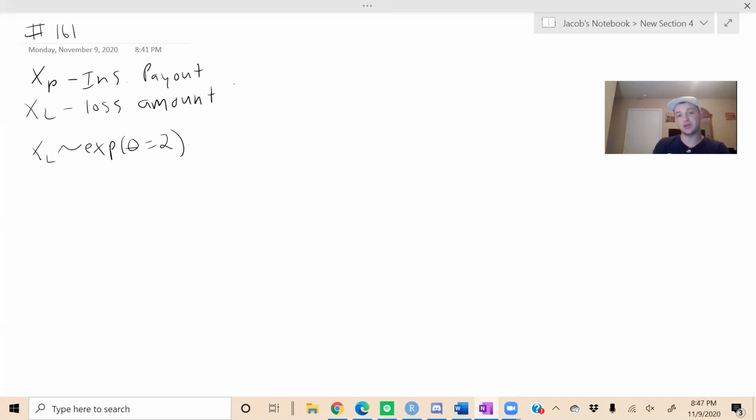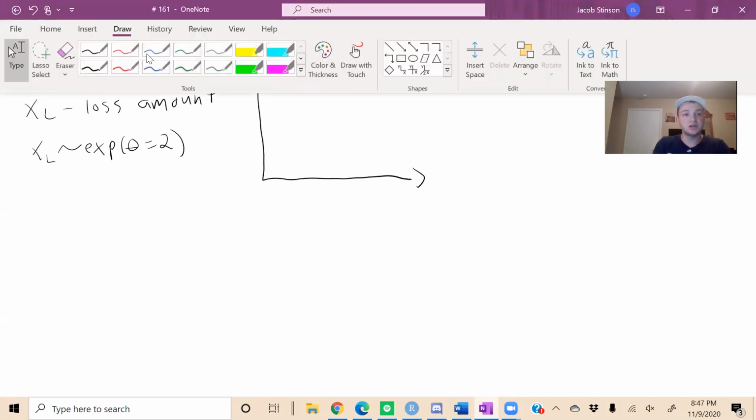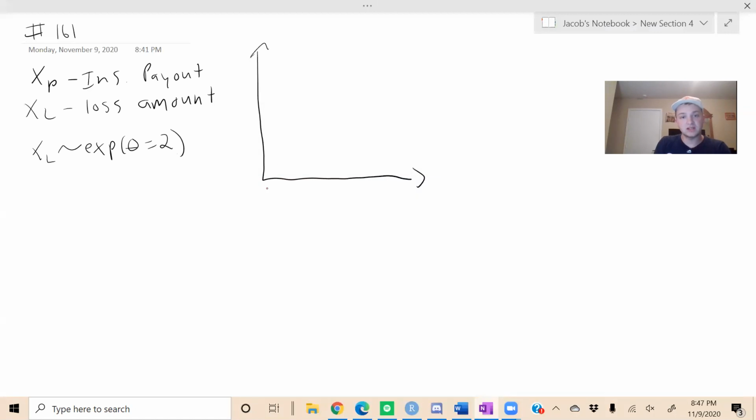So let's draw that out on a graph here. Let's try red. From 0 to 1, the insurance payment's paying nothing, so there's nothing here. Our next interval will have an X minus 1 because of the deductible.